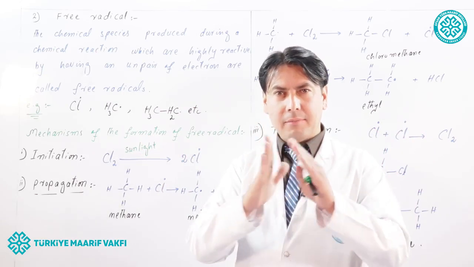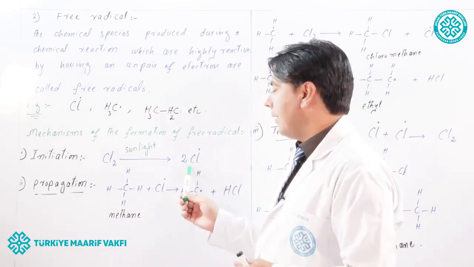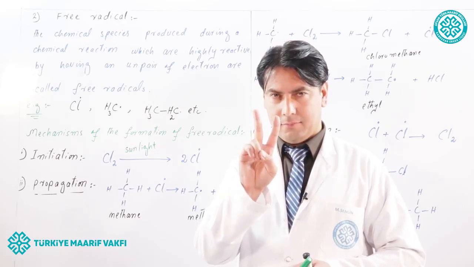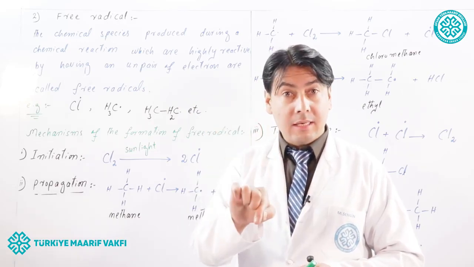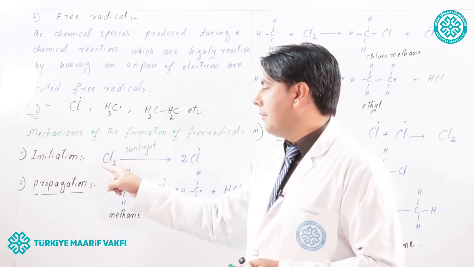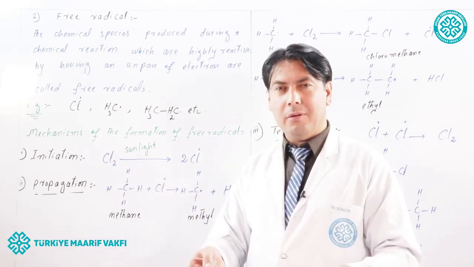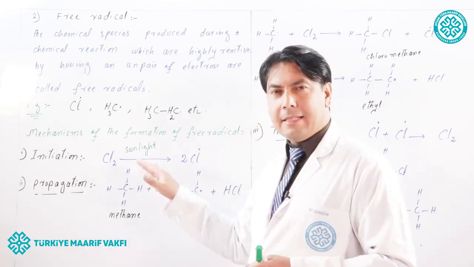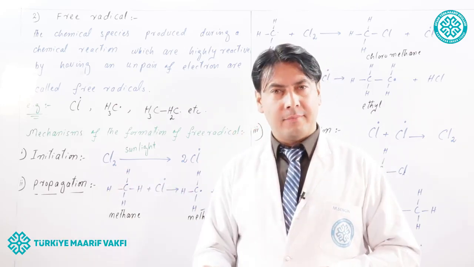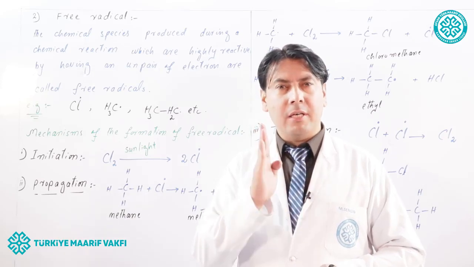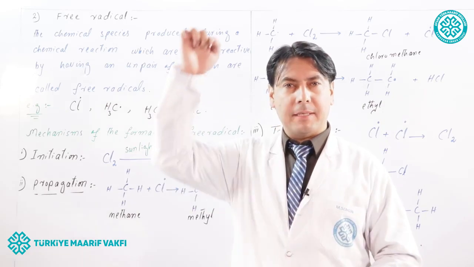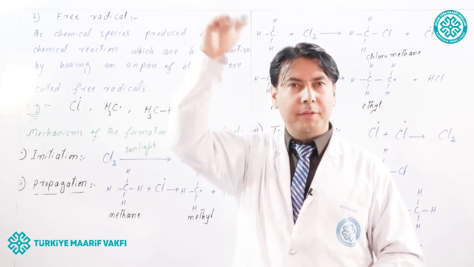Their covalent bond will be broken and they will form 2 chlorine free radicals. Sunlight can convert the chlorine molecule into chlorine free radicals. So this is the initiation: the formation of the free radical takes place in the presence of sunlight, UV radiations.